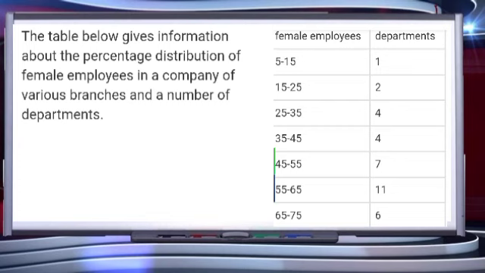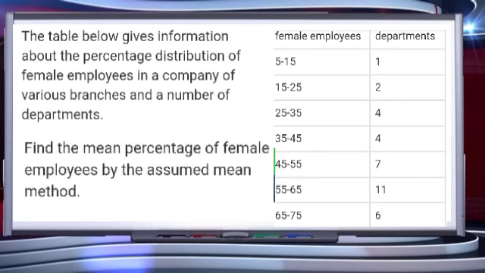Similarly 25 to 35 in 4, 35 to 45 in 4, 45 to 55 in 7, 55 to 65 in 11 and 65 to 75 in 6. Next they ask us to find the mean percentage of female employees by the assumed mean method. So here we have to apply the assumed mean method to find the mean percentage of female employees in the given departments. First we will make the table for the same.